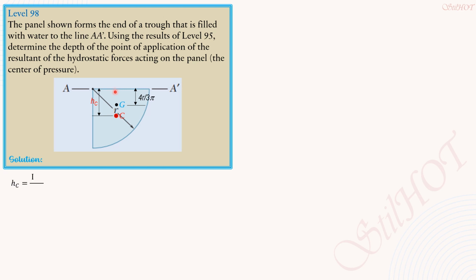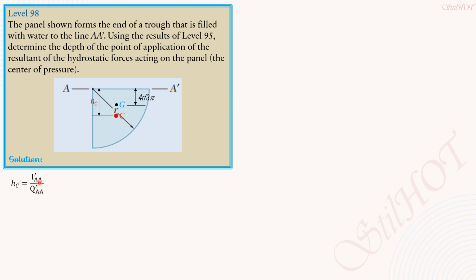So h sub c is I_AA' over Q_AA'. I_AA' is the moment of inertia of a quarter circle with respect to AA', and that is just πr⁴ over 16 because this is a quarter circle, while Q_AA' is the area of the quarter circle times the distance of its centroid to that water level, which is 4r over 3π. And the area of the quarter circle is, of course, π over 4 r squared.